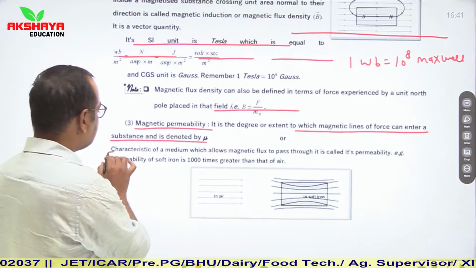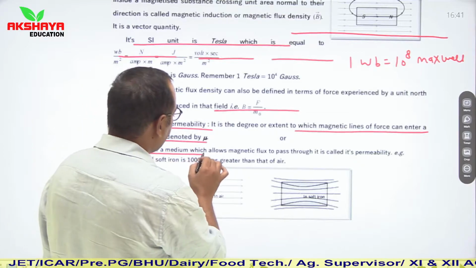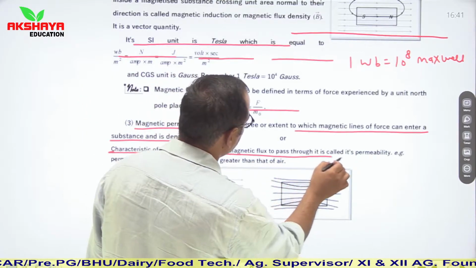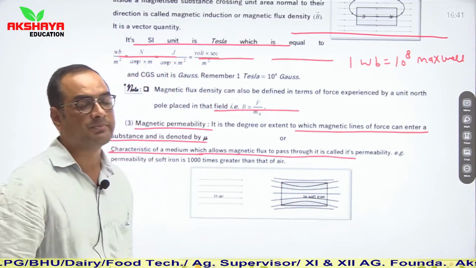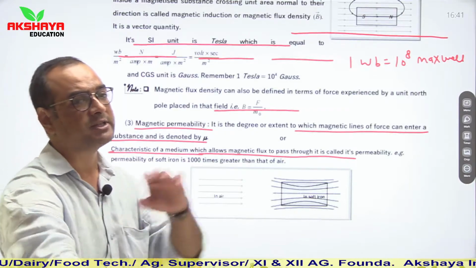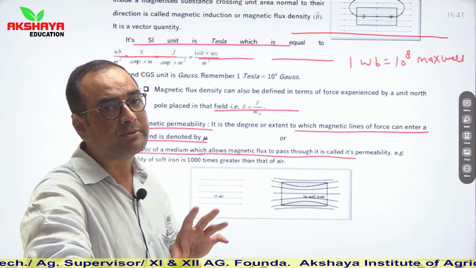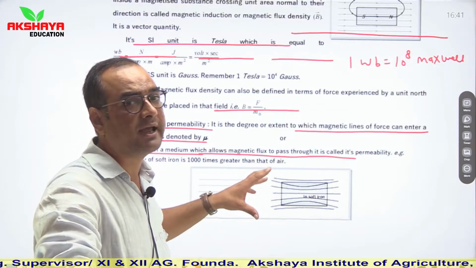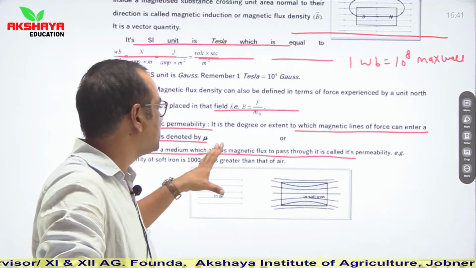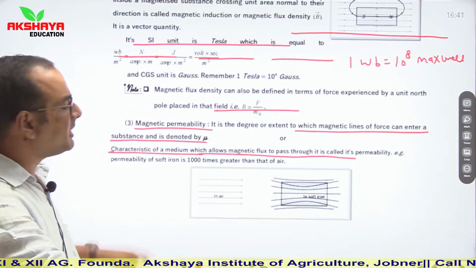We can say how deep these magnetic field lines can penetrate into any magnetic substance. In other words, it is the characteristic of a medium which allows magnetic flux to pass through it, called its permeability. In simple language, it is the permission of passing magnetic field lines through any magnetic substance or any medium.